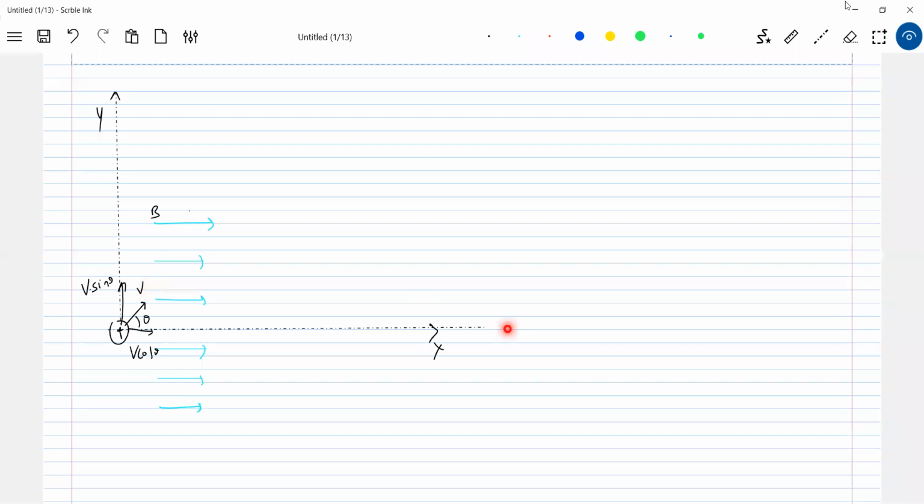So whenever you get a numerical of this kind, convert this into a plane. So in the xy plane, how will the particle move? You take this as the y-axis. Let this be the z-axis.